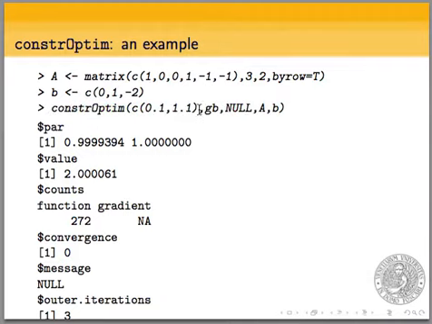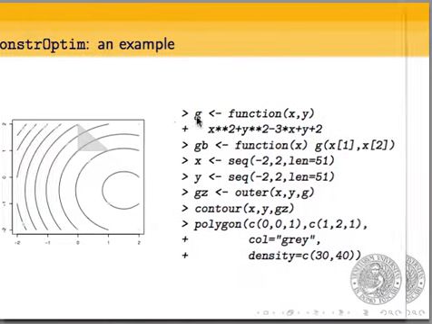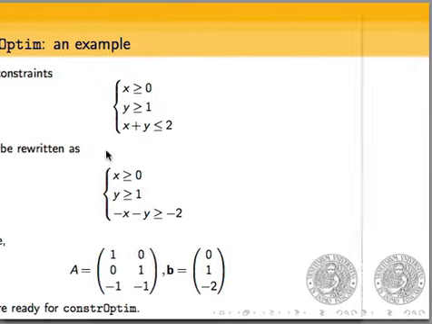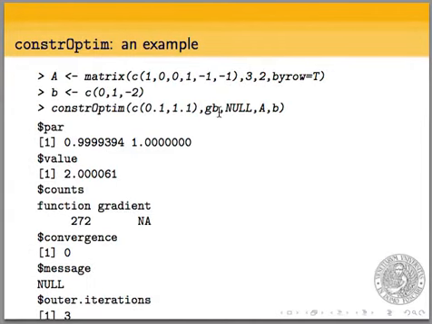So you must provide a starting point. I was picking a point which is inside the previous triangle. Let me maybe go back to this graph for a second. So I was picking 0.1, which is roughly speaking here where I click. And then I was picking as a y 1.1, which is again very close to the vertex inside the triangle. And then you give the name of the function.